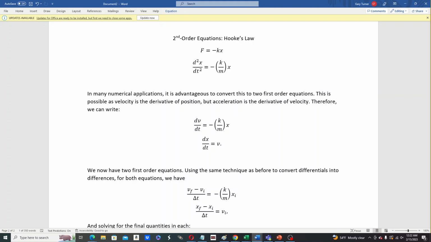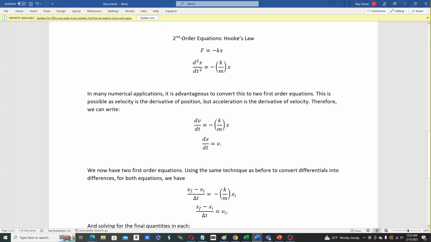So instead of setting my second-order derivative, I can just set the first-order derivative of velocity equal to my Hooke's law force, negative k over m times x, and then use the definition of velocity that the derivative of my displacement is equal to the velocity. So now I've reduced a second order differential equation down to first order.